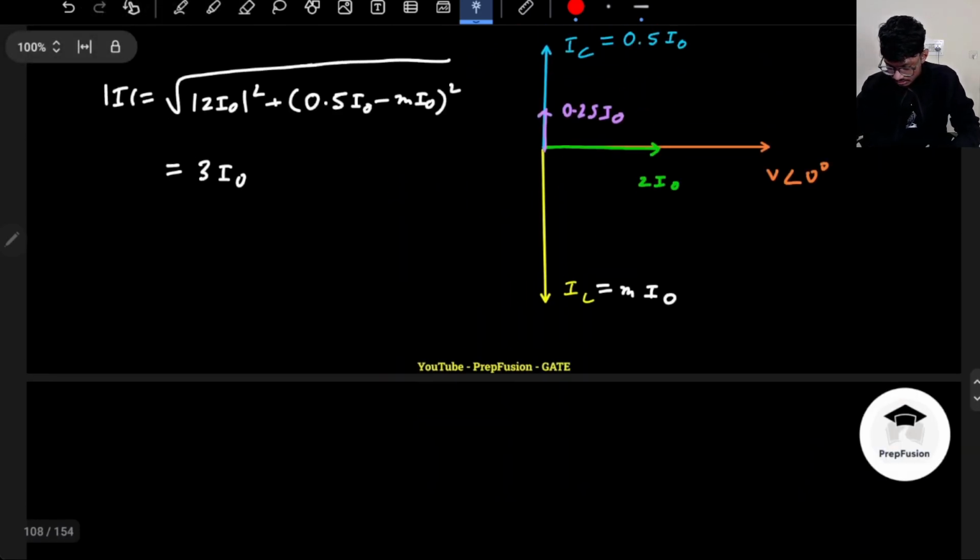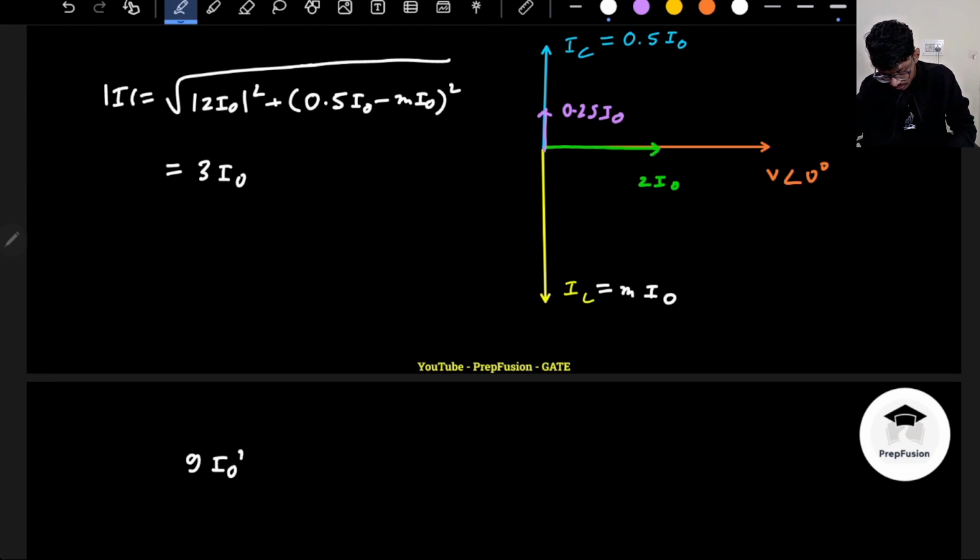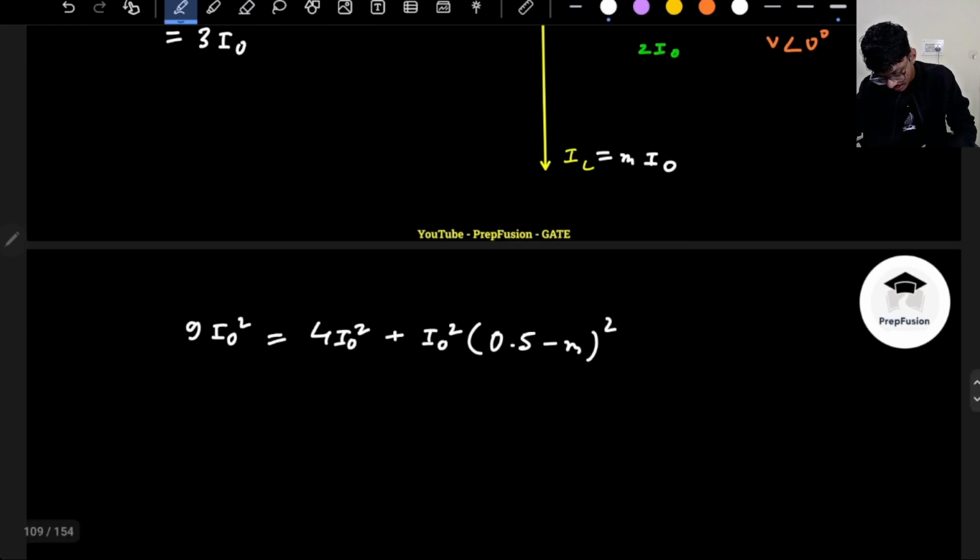So if I square both sides, this will be 9 I naught square equals 4 I naught square plus I naught square times (0.5 minus M) whole square, taking I naught square as common. Now I naught will obviously be a number greater than 0. I naught cannot be 0, then the circuit will not validate. So I naught can cancel out.